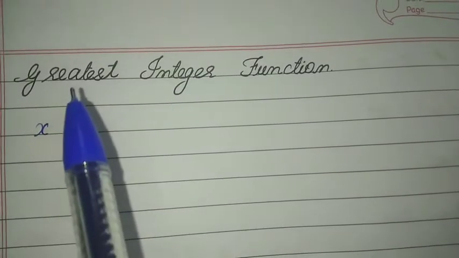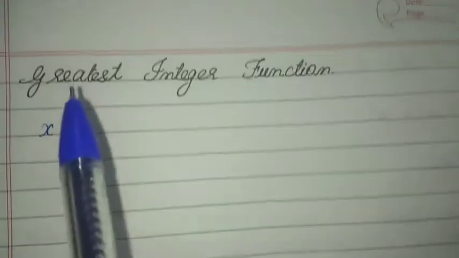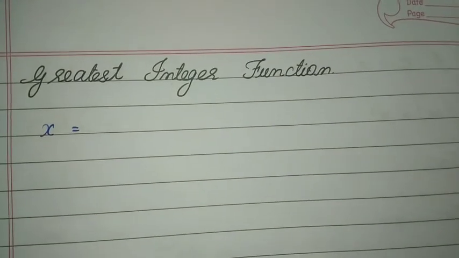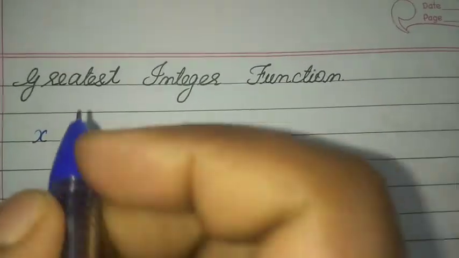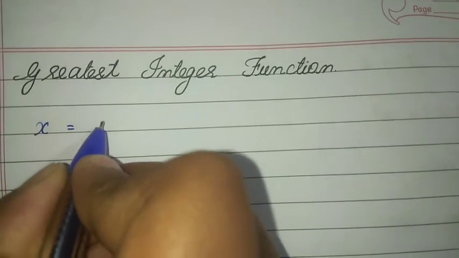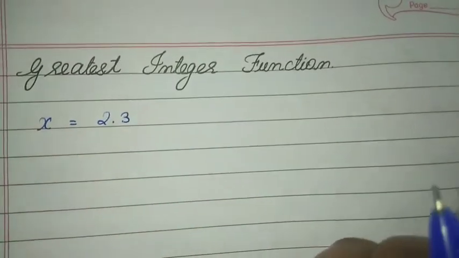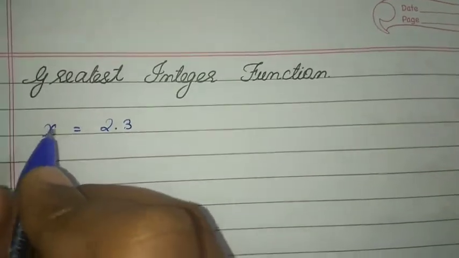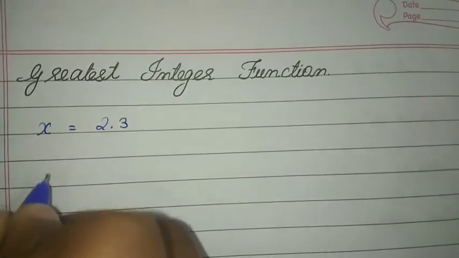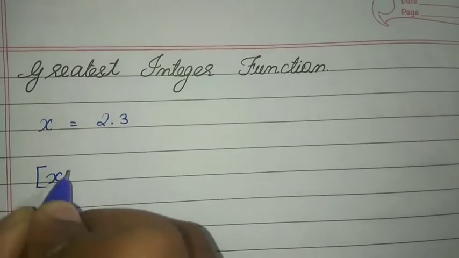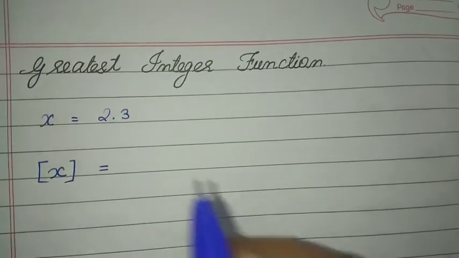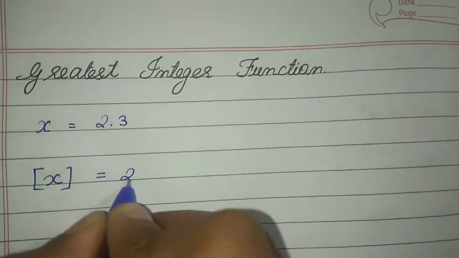So now let me introduce a new concept for you all: the greatest integer function. Greatest integer function means nothing but, for example, x is equal to 2.3. If I have this here, the greatest integer function means x will be represented as 2.